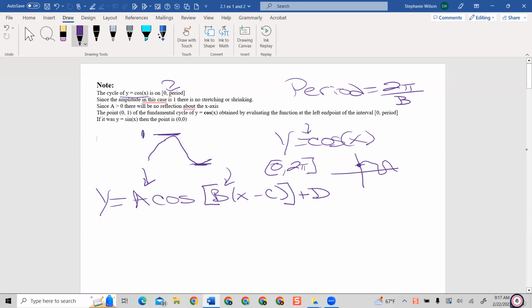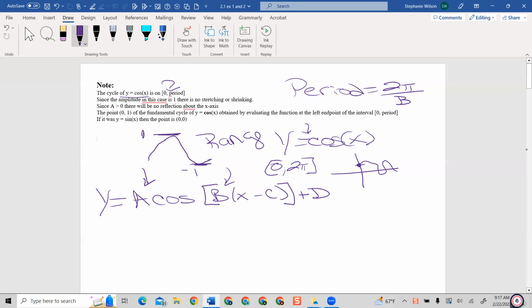So we have +1 to -1, which is going to give me my range. My amplitude in this case is just 1. And since the amplitude, our original, is positive, there is no reflection about the x-axis.